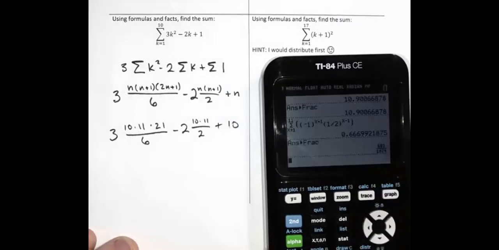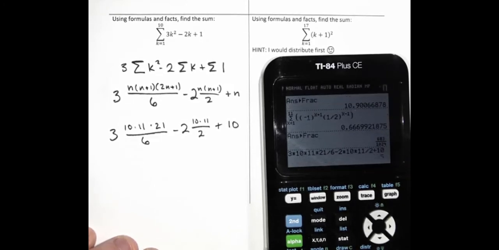So the answer is going to be 3 times 10 times 11 times 21 over 6 minus 2 times 10 times 11 over 2 plus 10.